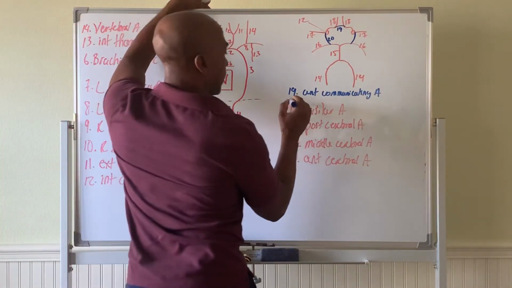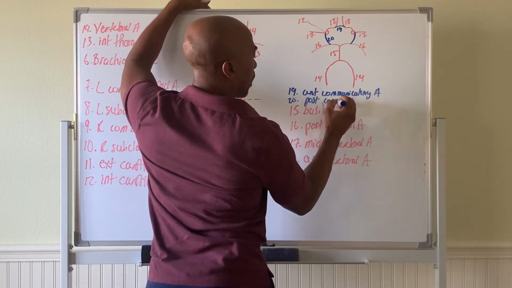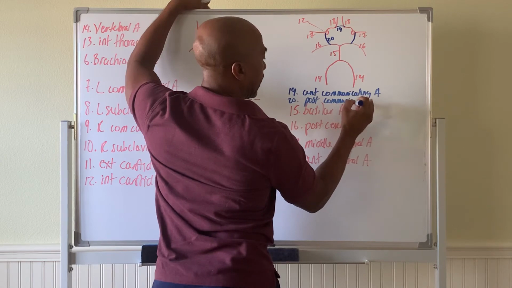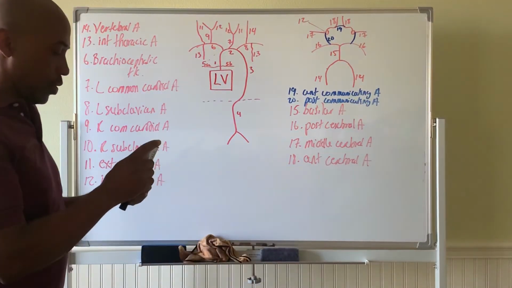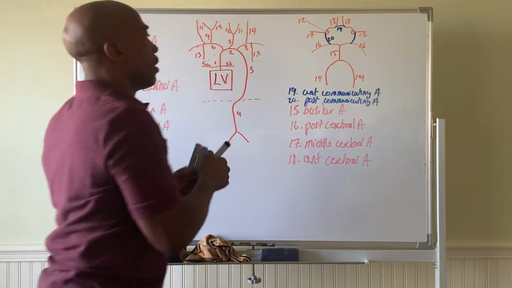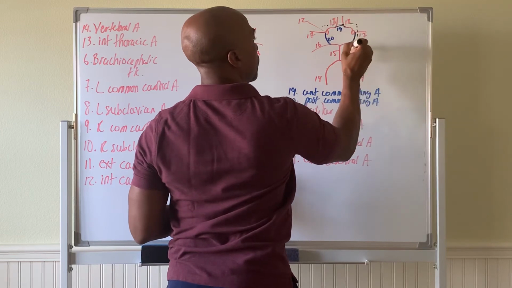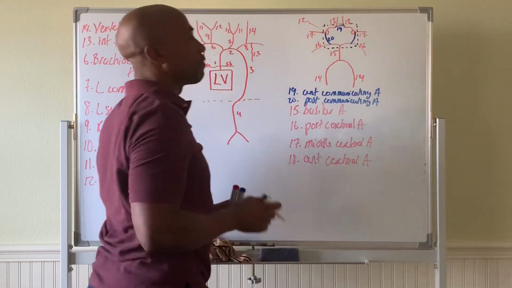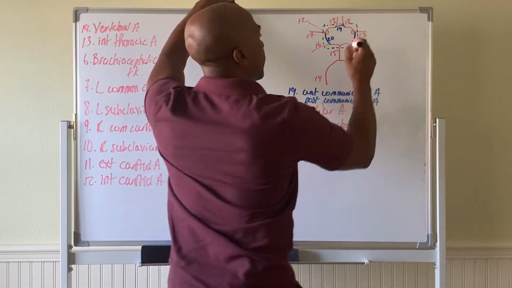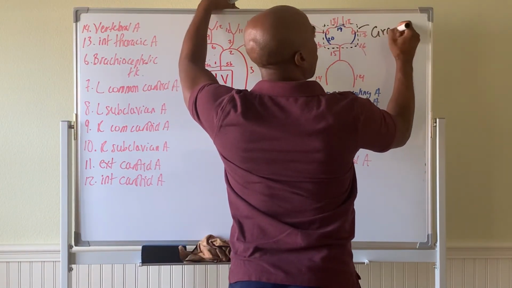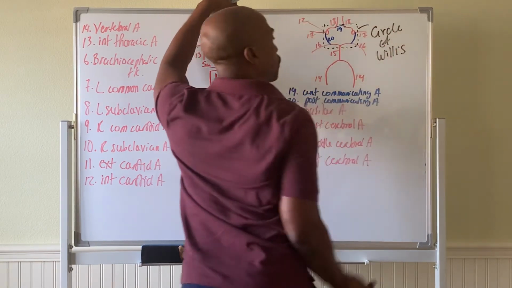And then 20 is called the posterior communicating artery. Okay, and so this circle of vessels, of 6 vessels, is called your circle of Willis, or your cerebral arterial circle.